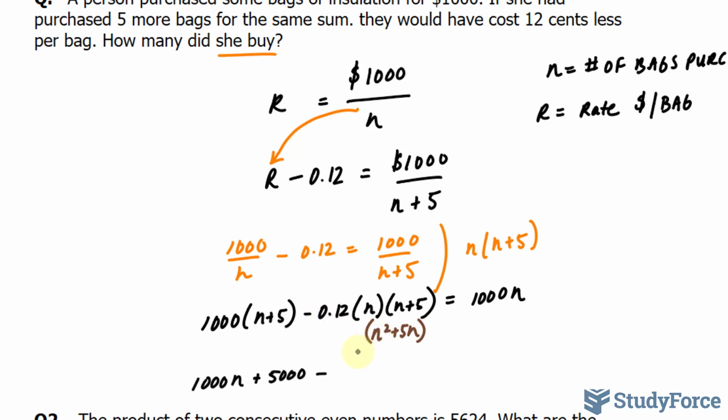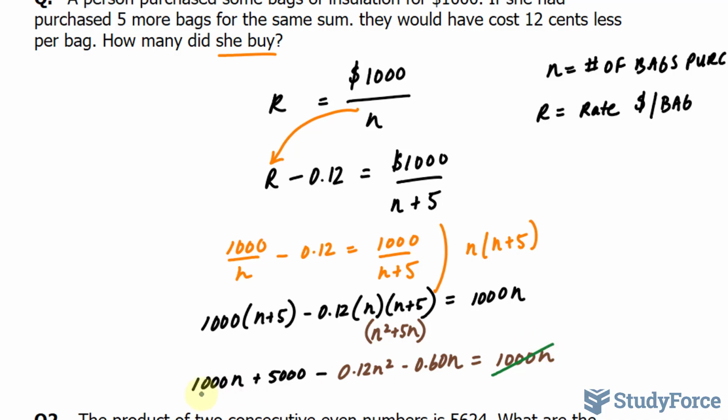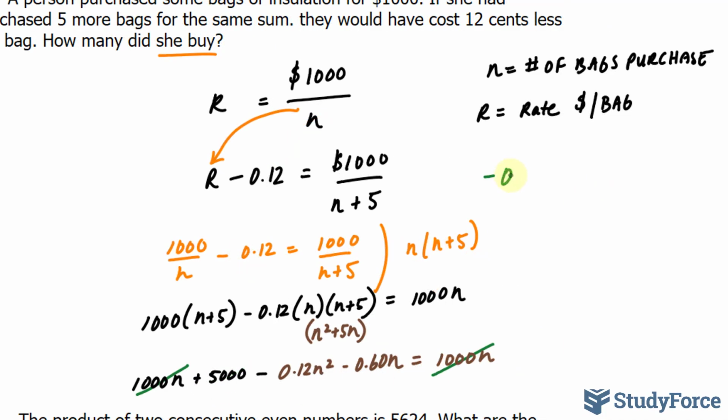Multiplying 0.12 to N gives me 0.12 N squared, and multiplying 0.12 to 5N gives me negative 0.60 N. And that's equal to 1,000 N. If I bring this 1,000 N over to the left side, this will cancel out with this, and we're left with the quadratic of negative 0.12 N squared minus 0.60 N plus 5,000 is equal to 0.